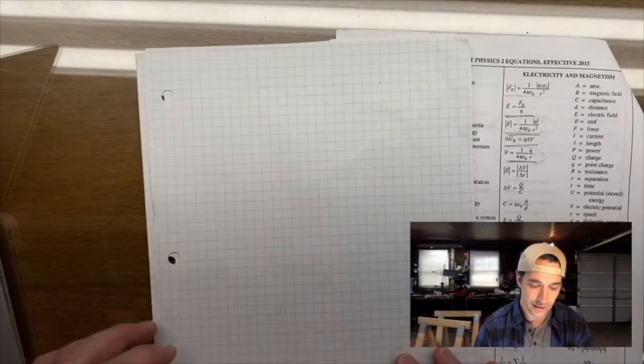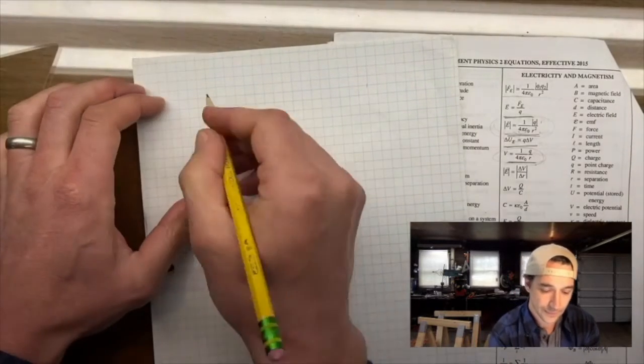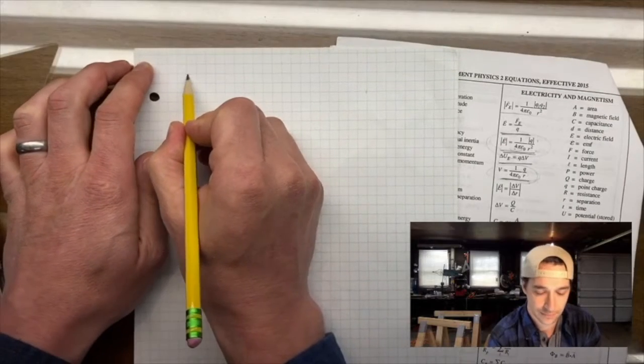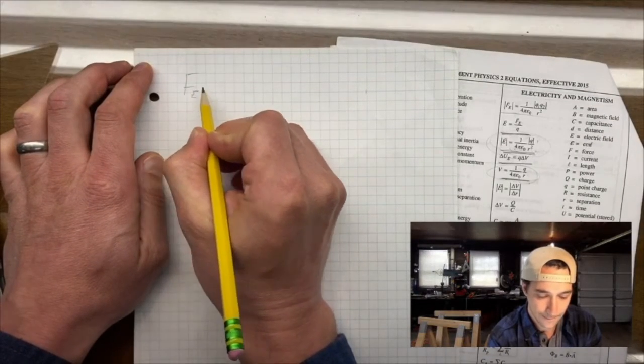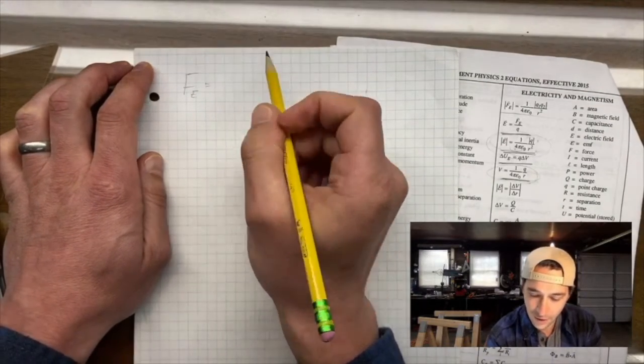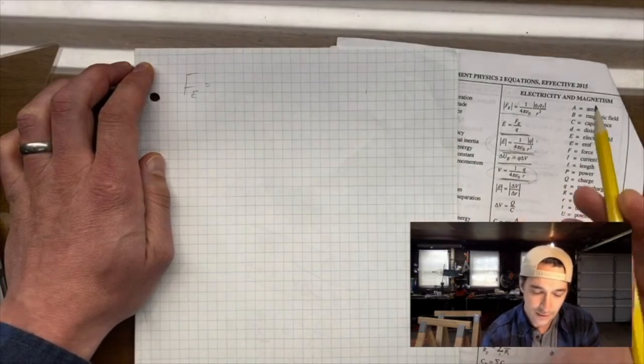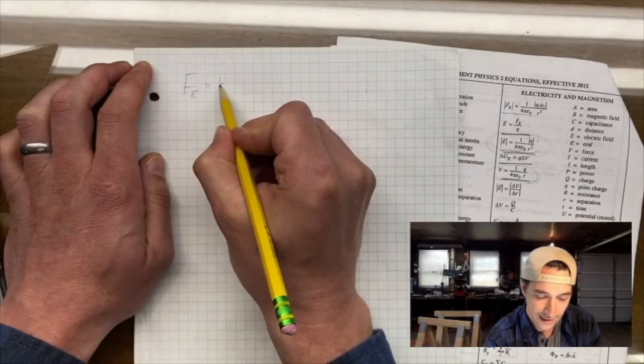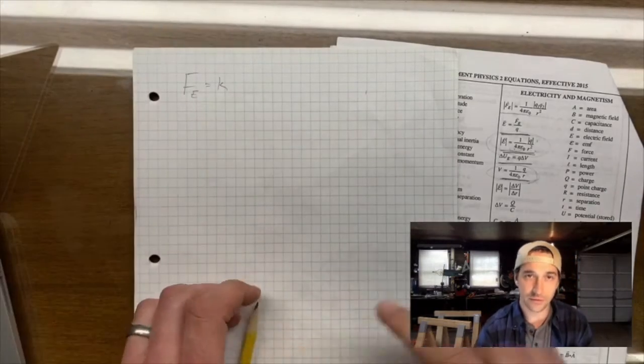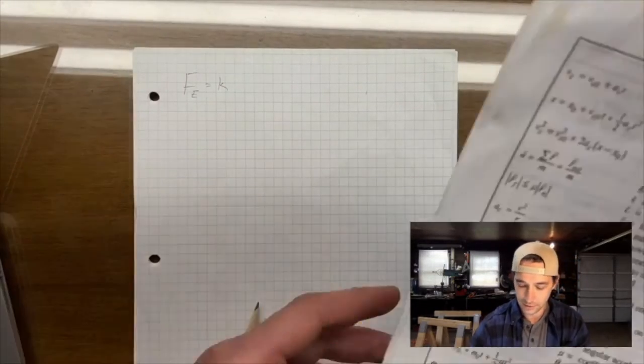Electrostatic force, I should say. So let me write this down. Electrostatic force equals, they write it out as 1 over 4 pi epsilon naught, but we can also use that as K. Okay, and I'm also going to flip to the front of our reference table to remind you about that.